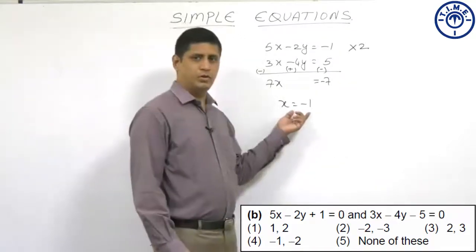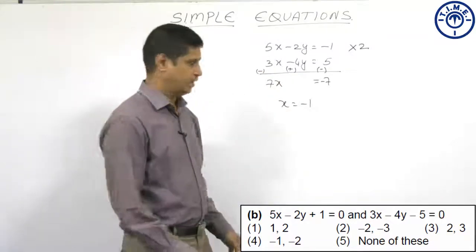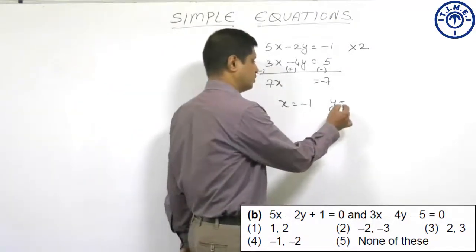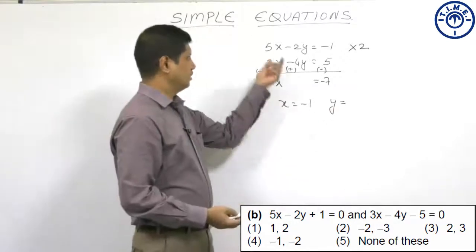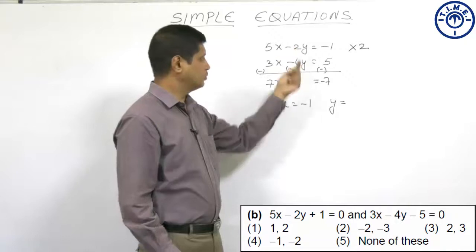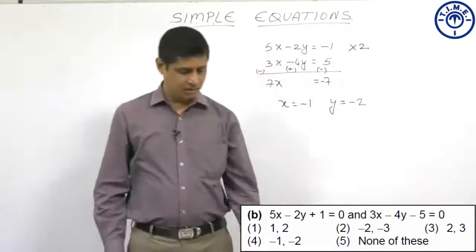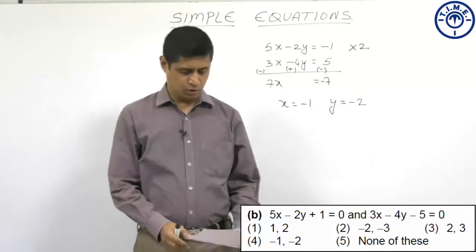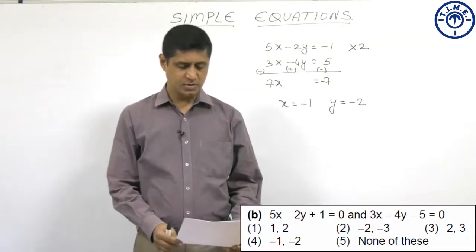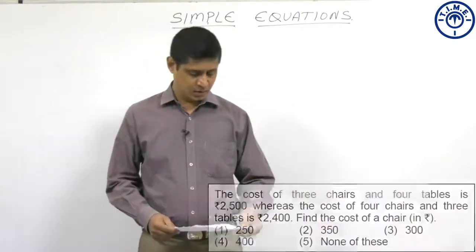When you substitute the value of x as minus 1 in any one of these two equations, we get the value of y. Now substitute and simplify. So here minus 5 plus 1 means minus 4 by 2, it is minus 2. The values of x and y are minus 1 and minus 2. The option is 4.